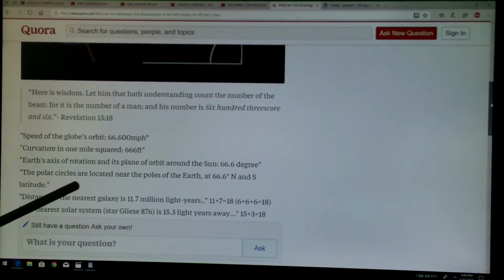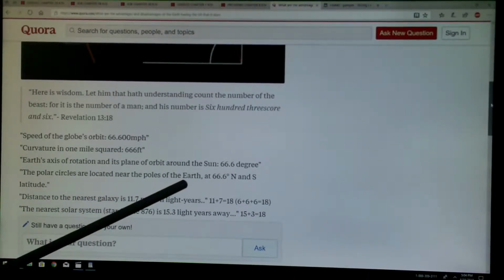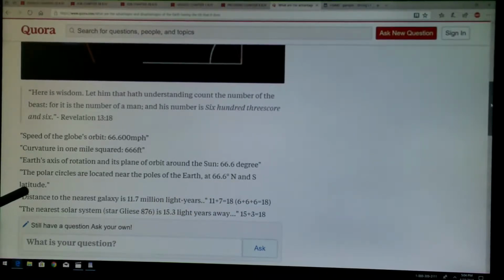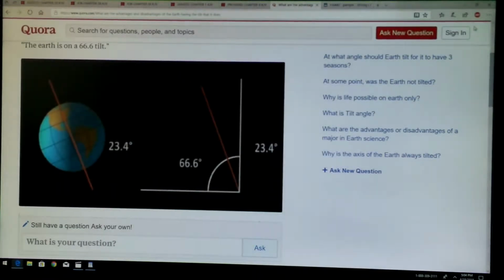The polar circles are located near the poles of the Earth at 66.6 north and south latitude. So that's when you look at it too, the dynamics of it. So it's shaped, it's 666 all on it, all right? That's enough. It's actually a whole lot more. That's enough right there, right? So you have your 666 Earth here.